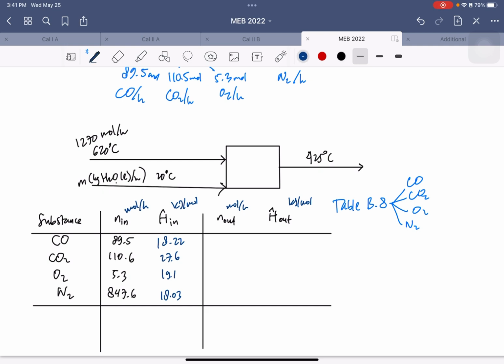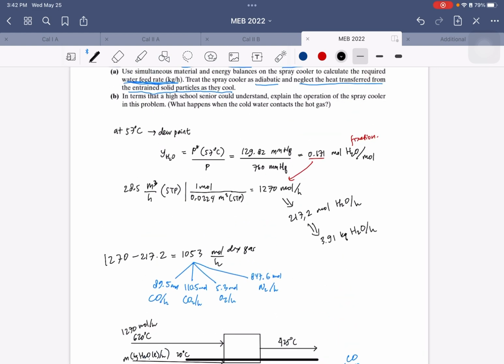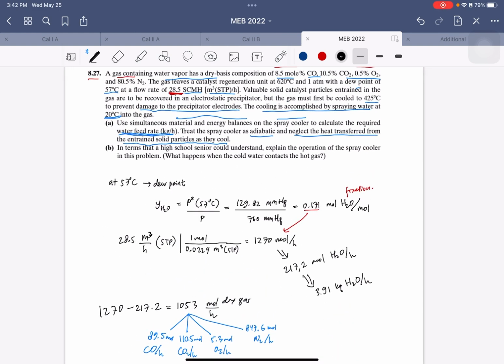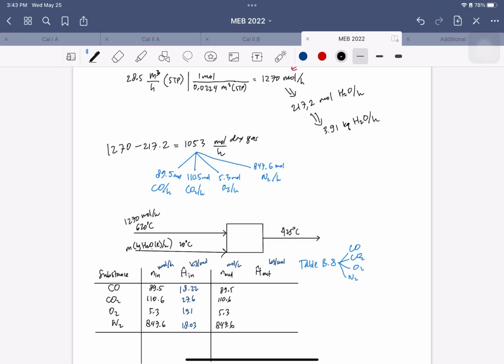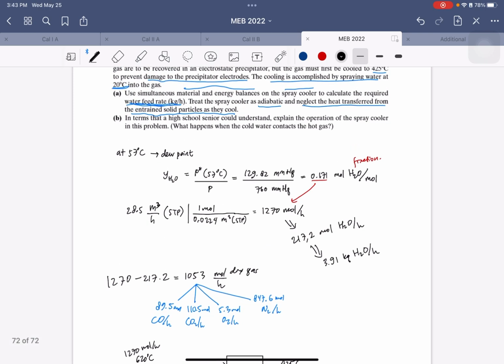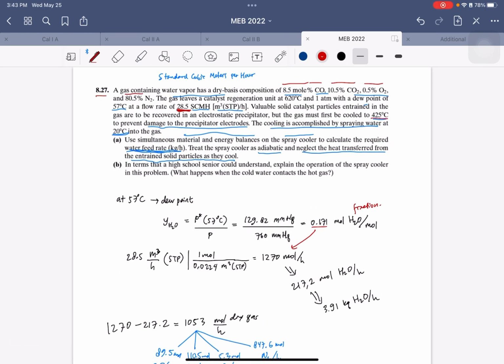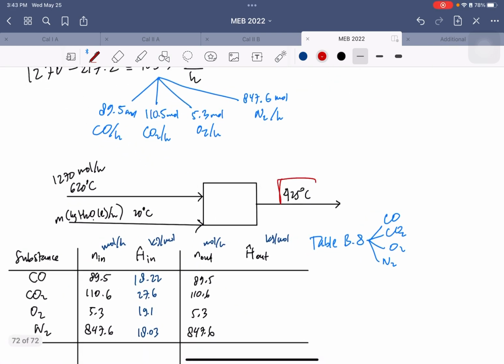Okay, and then it's the same. And the enthalpy out. We get also from, okay, now at the 425, right? 425.